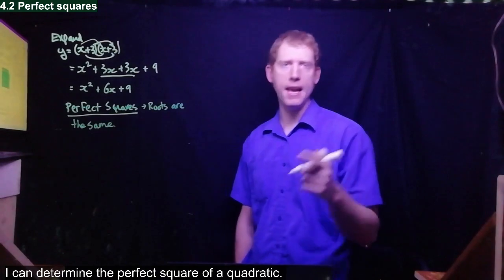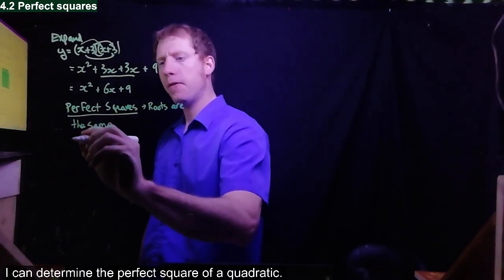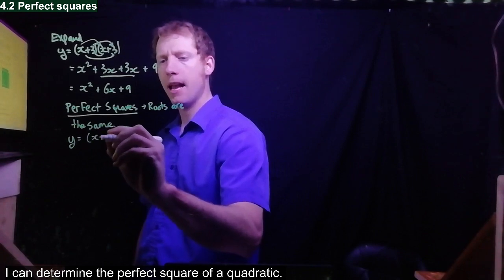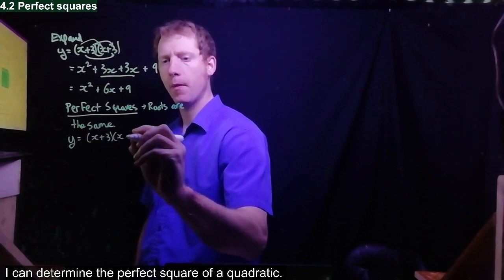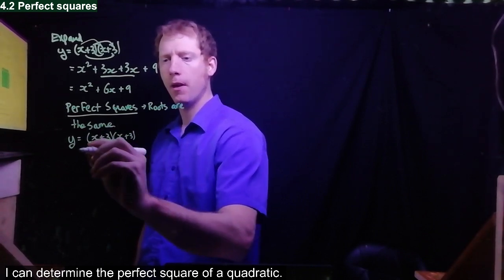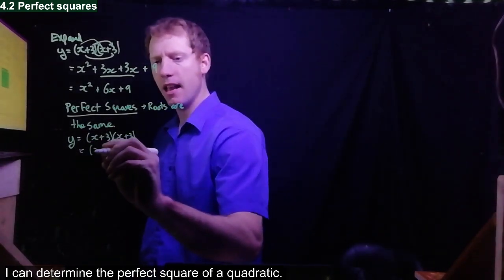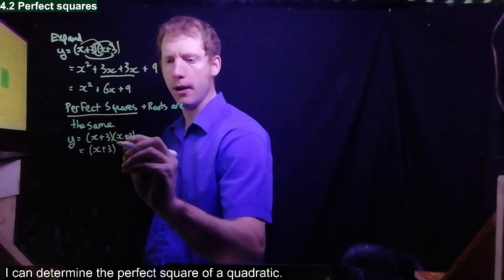And we already had the example there. If the roots are the same, for example, x plus 3, it can be simplified as x plus 3 squared.